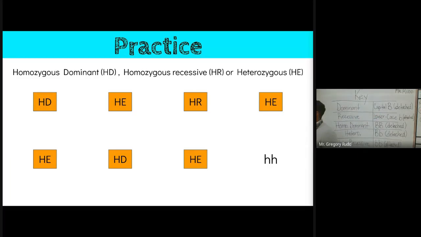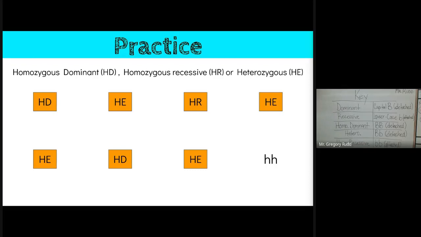Same or different? What'd you say? Are they the same or are they different? Look at this. They're the same. There's one capital and there's one lowercase. So they're both lowercase. Same thing.